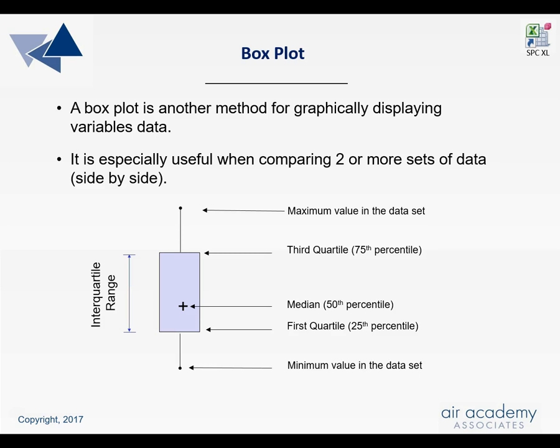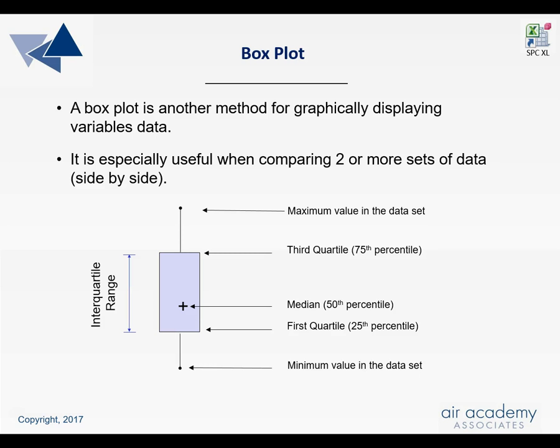So what the analysis software does is sort the data from smallest value to largest value. The median, also known as the 50th percentile, will get a little plus in the box. And the ends of the box are the 25th percentile and the 75th percentile, which are also called the first and third quartiles, respectively.